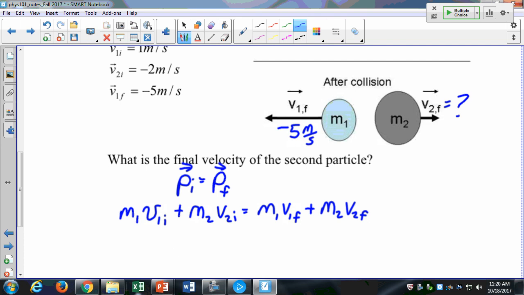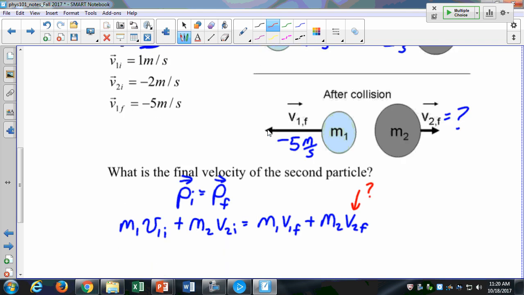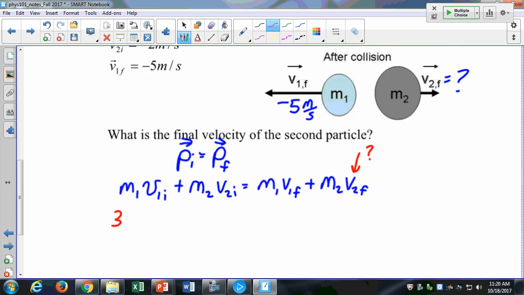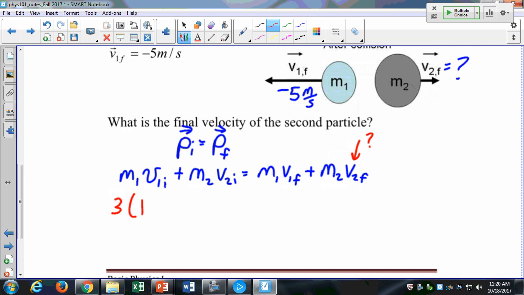Now, I am looking for V2F. I want to know the final speed of that second particle, but that's the only unknown that I have. So I can put in the values for the other quantities and solve for V2F. So M1 is 3 kilograms and 1 meter per second.